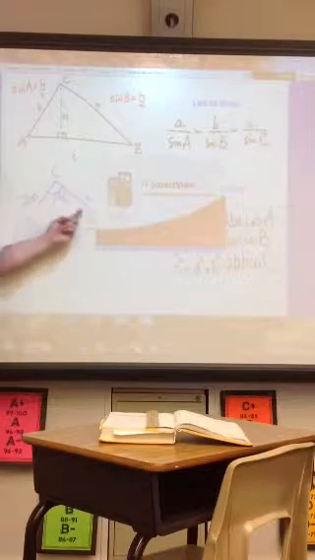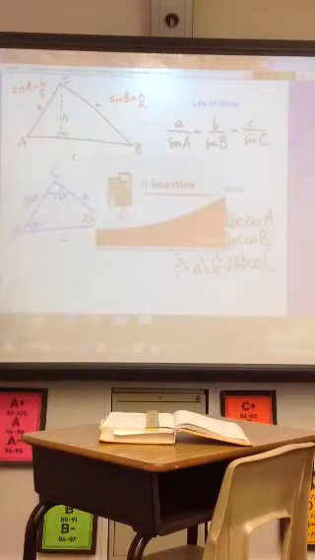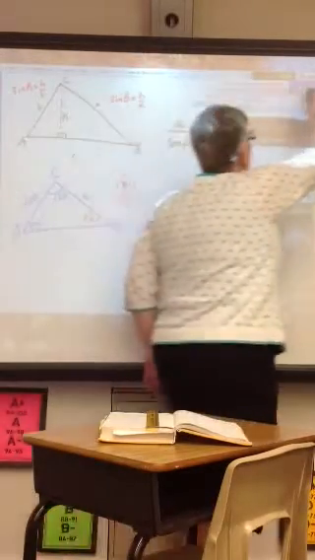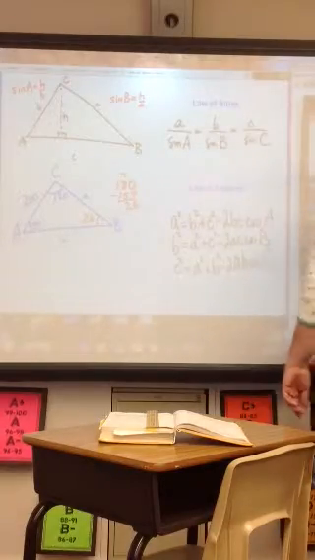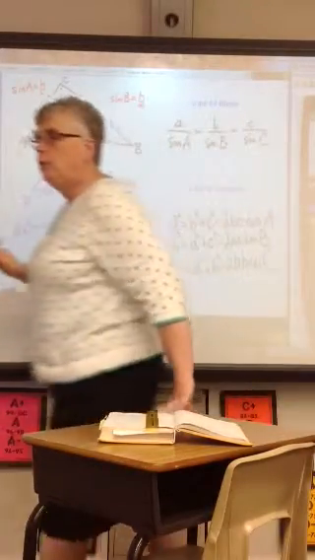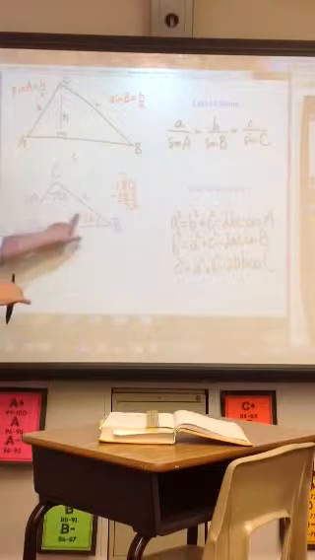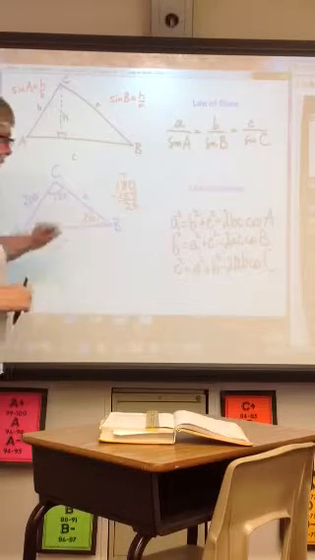So we want to be able to set up a triangle using the law of sines. Remember, if we're going to use the law of sines, we must have a side and angle pair to use it.